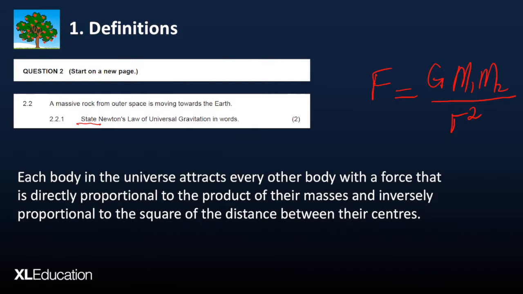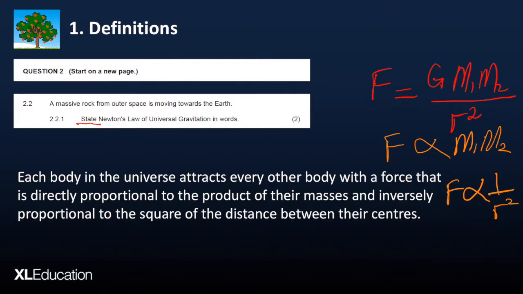So I'm going to break this for you into two statements. F is directly proportional to the product of the masses of the two objects, and also inversely proportional to the square of the distance between their centers. So I've broken the formula into two, where the first part, F, is directly proportional to the product of the two masses and also inversely proportional to the square of the distance between their two centers.